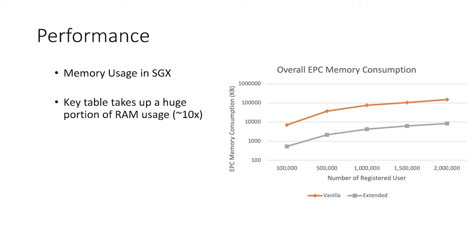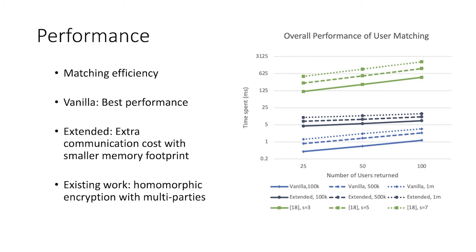The last experiment is to see how quickly both implementations can respond to a matching request. We set up 3 environments with each of them containing 100K, 500K, and 1 million records in the matching tables. We set the number of returned users from 25, 50 to hundreds. That means the end user will only get that number of users in return.